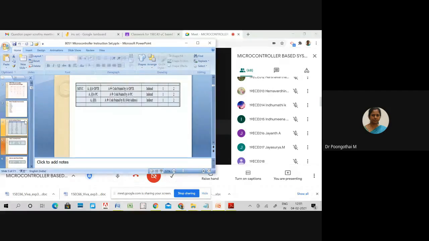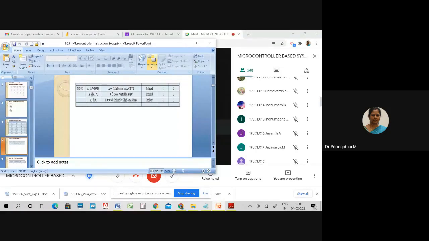Actually, these instructions load the accumulator with the code byte from your program memory, not data memory. So please remember, this instruction loads the accumulator with the code byte from the program memory whose address is the sum of your 8-bit accumulator content and the content of a 16-bit register.